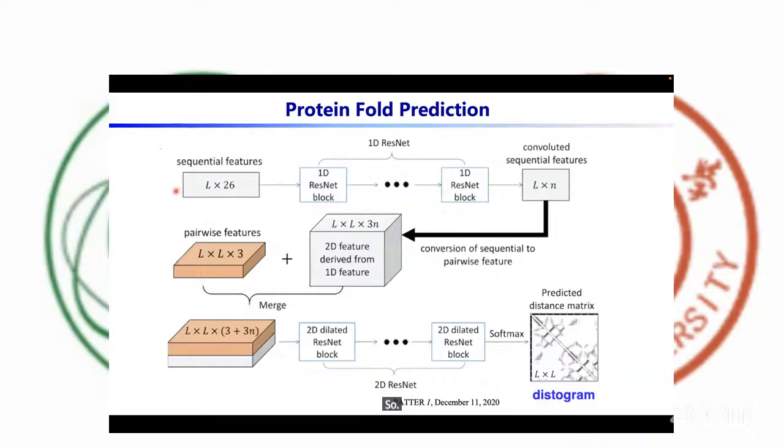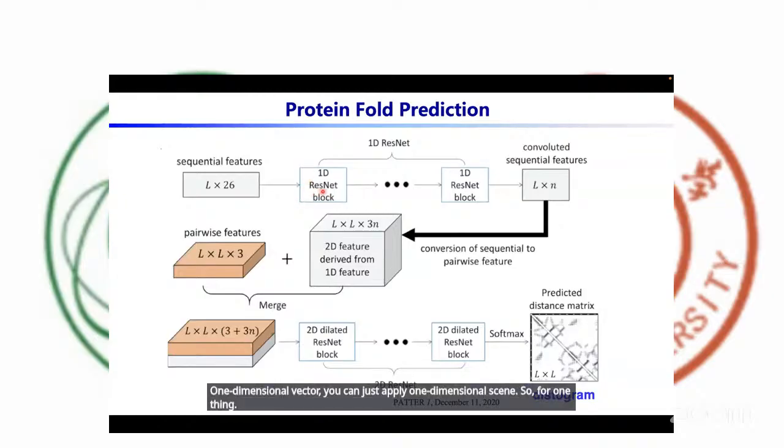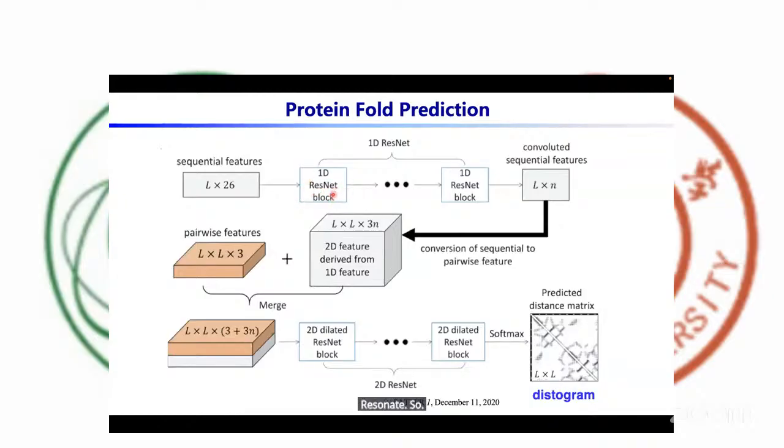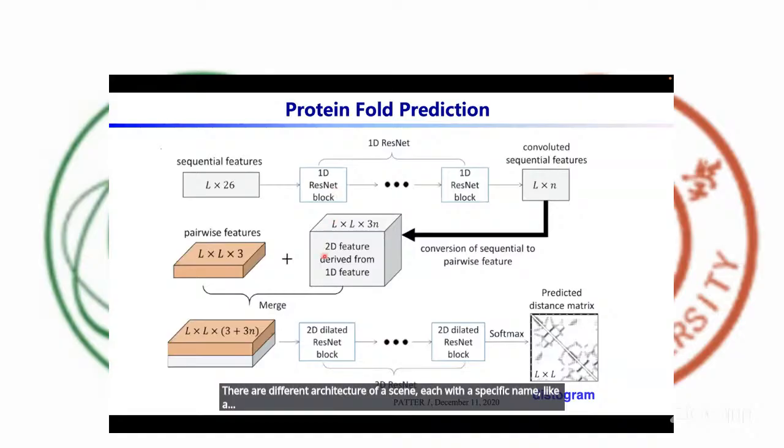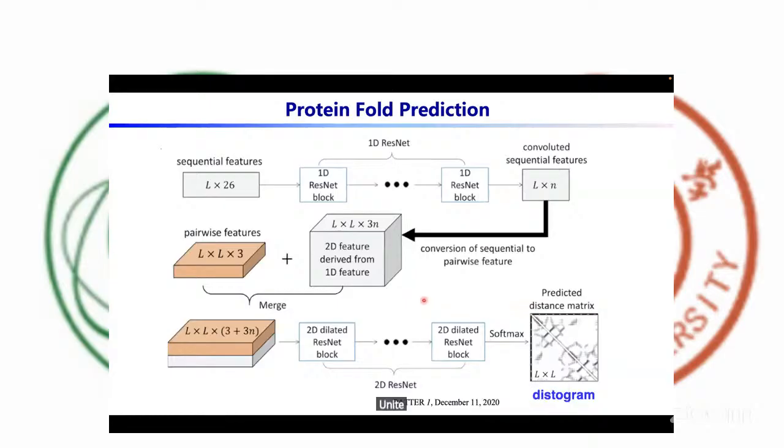If we compress the sequence feature into a long one-dimensional vector, you can just apply a one-dimensional CNN, for instance 1D ResNet. Here when we talk about CNN, there are typically different architectures, each with a specific name, like ResNet here, and soon we are also going to look into UNet and other networks.